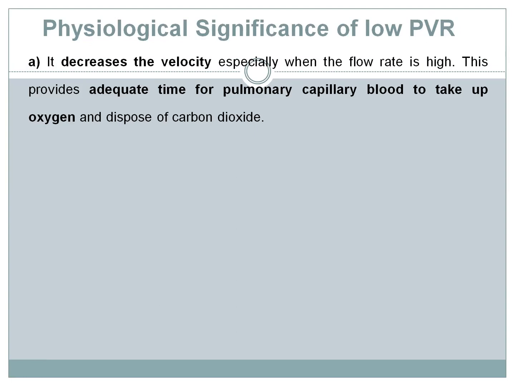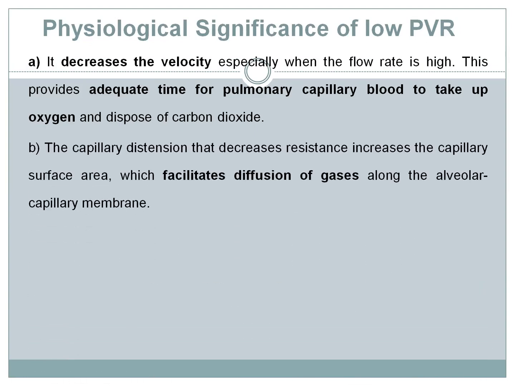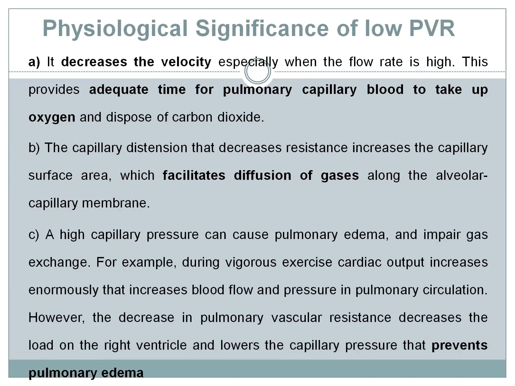So the diffusion and exchange of gases becomes possible due to the decrease in velocity due to the low resistance. The second important point is that it also facilitates the diffusion of gases along the alveolar capillary membrane. So you get increased time, you get increased diffusion also due to decreased resistance.